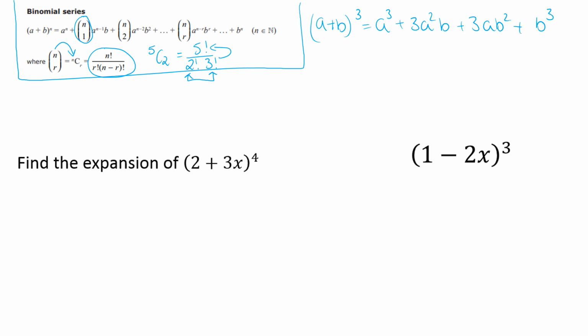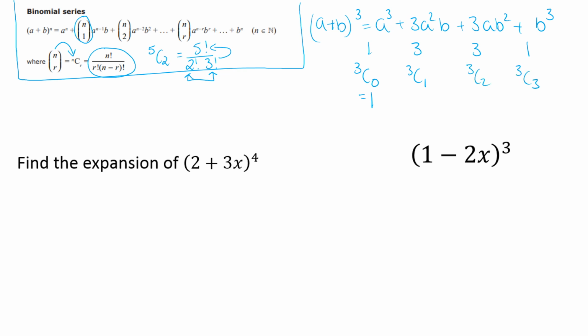So these coefficients, which came from Pascal's triangle, 1, 3, 3 and 1, we can get them using this nCr button by doing 3C0, which is going to be 1, 3C1, 3C2 and 3C3.